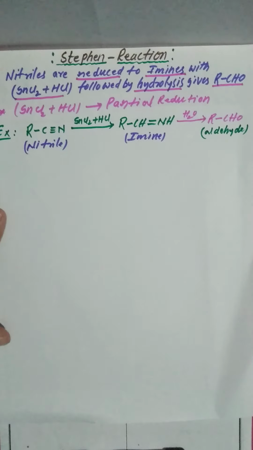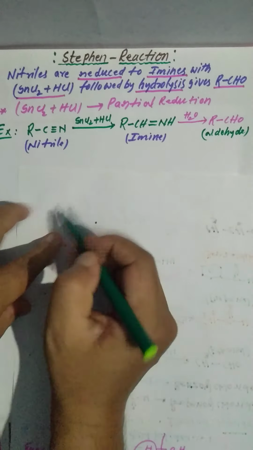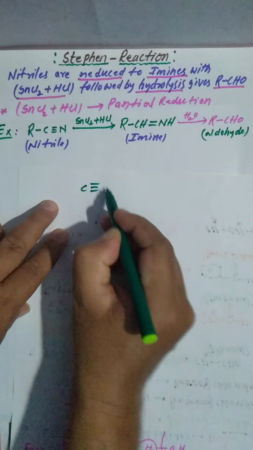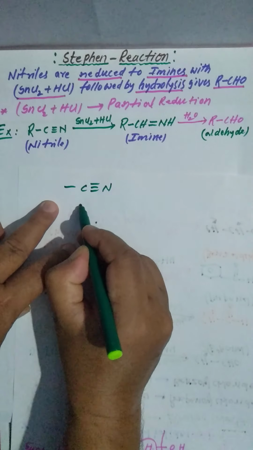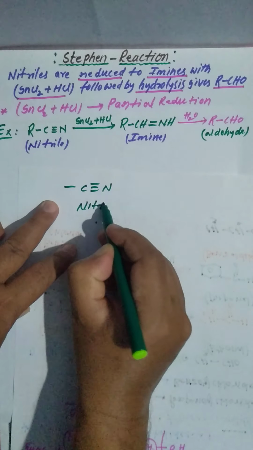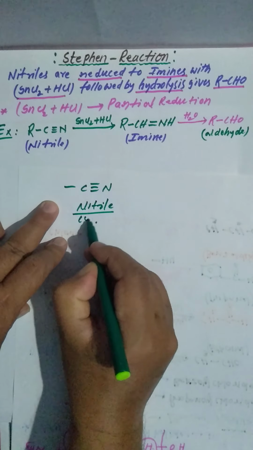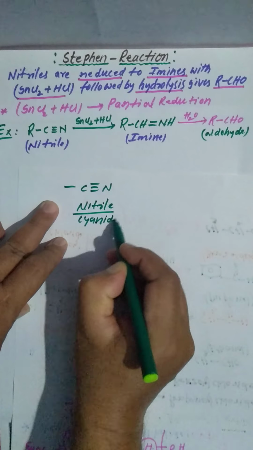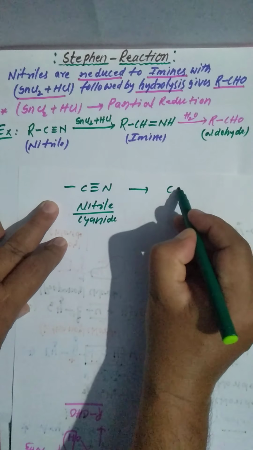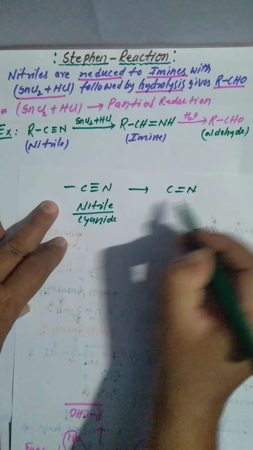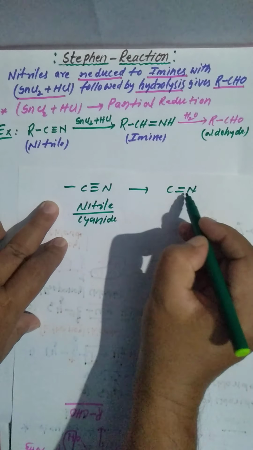And here the word we are listening to here, imine. What is meant by imine? Look here, I will explain what is meant by imine. See, C triple bond N we are calling nitrile or cyanide, and C double bond N is there, that is CHNH.